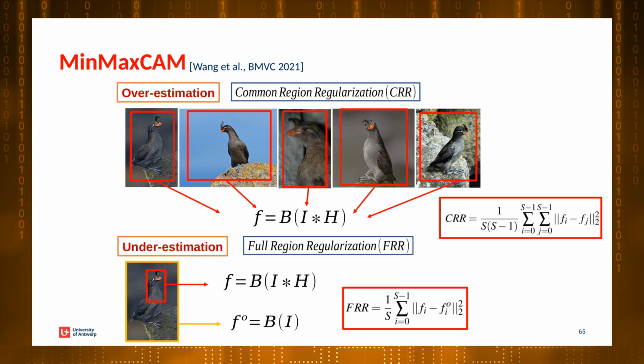So if this image belongs to a bird, that means that the heat map of the whole image should be as similar as possible to the heat map of class bird. And that will have the result that the red box will be a bit stretched. And again, we do that for groups of images, in this case S, and we measure the difference between the representation inside the little box and outside and the complete image.